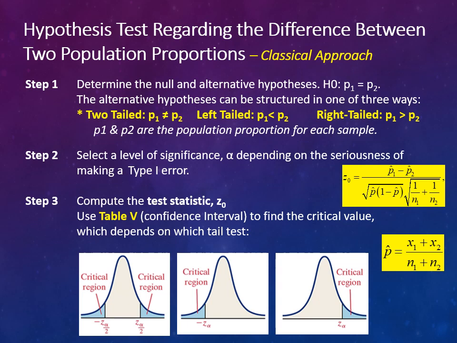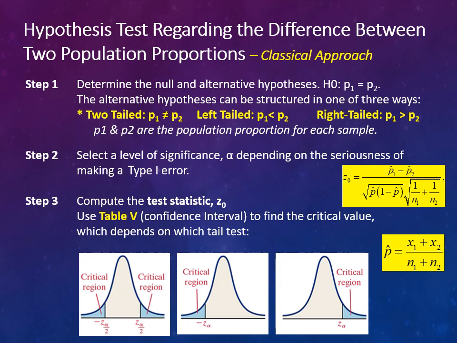And where p hat, with no subscripts, is simply x1 plus x2 over n1 plus n2.